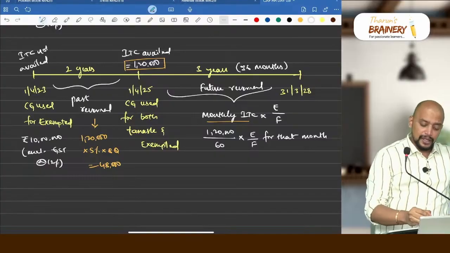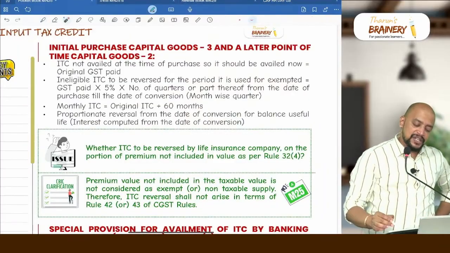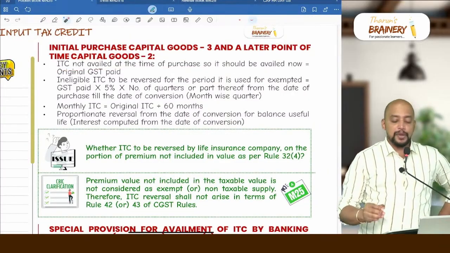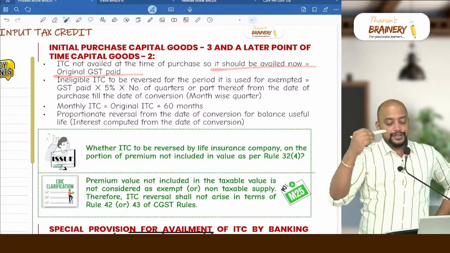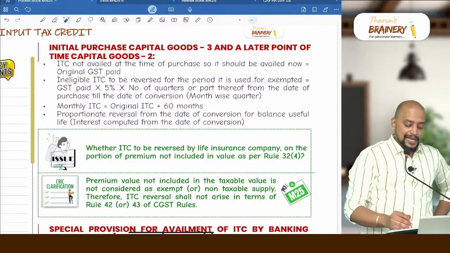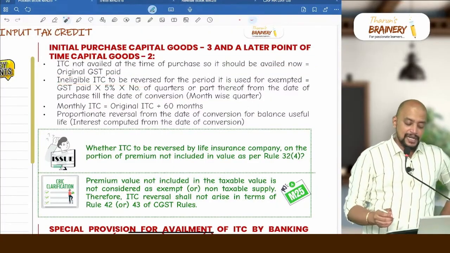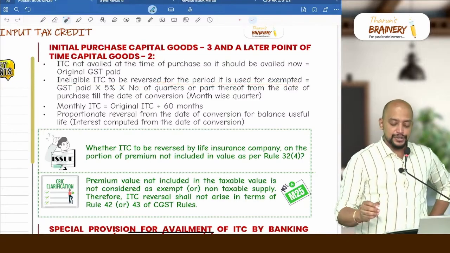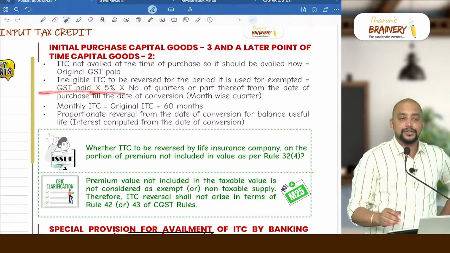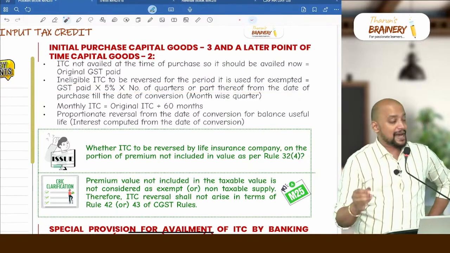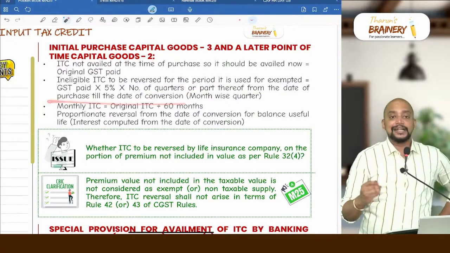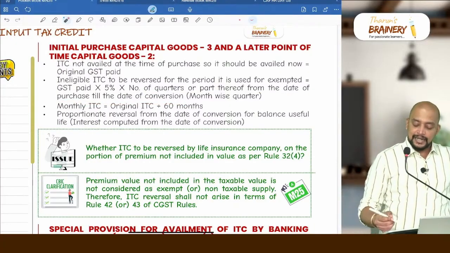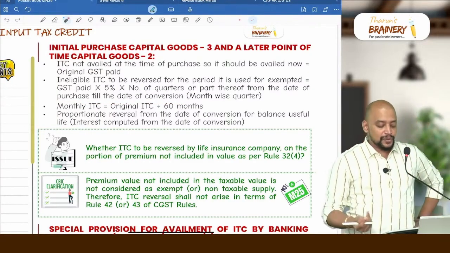And so you can see here initial purchase, ITC not available at the time of purchase, so it should be availed now, that is original GST paid. Ineligible ITC to be reversed for the period it is used for exempted: GST paid into 5% into number of quarters or part thereof from the date of purchase till the date of conversion. And here the month-wise quarter means what?